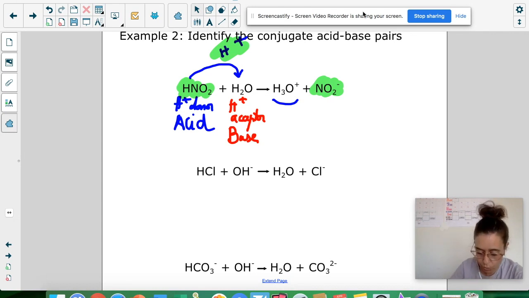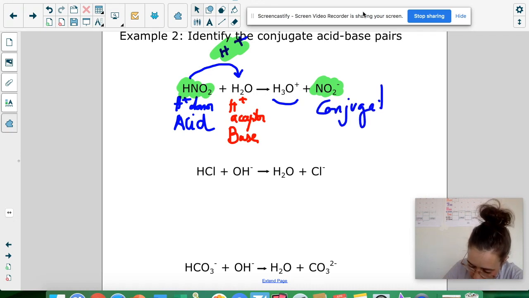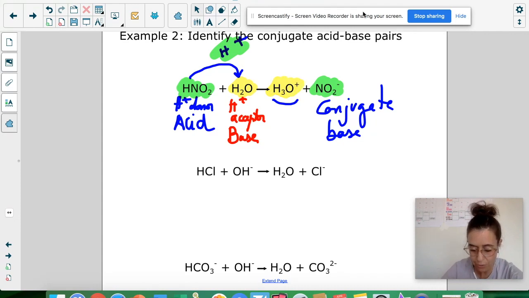So the NO3 negative is what we call the conjugate base of the acid. Now, when the water gains that proton, it becomes H3O plus. So the H3O plus is going to be the conjugate acid of that base.